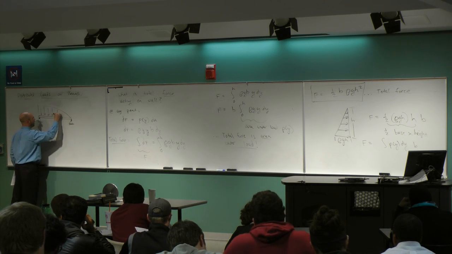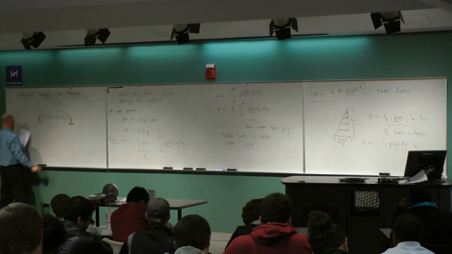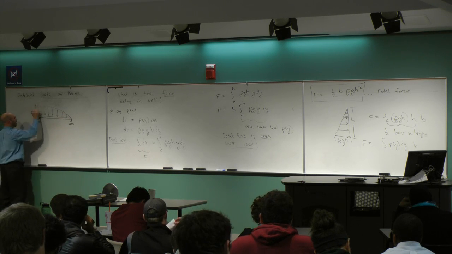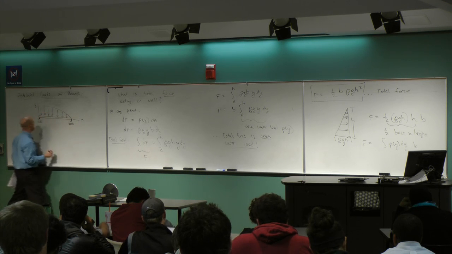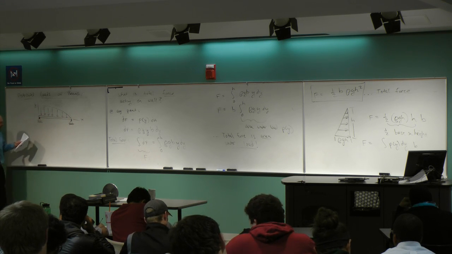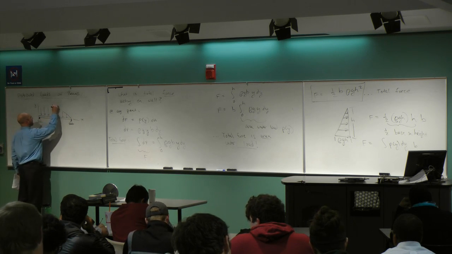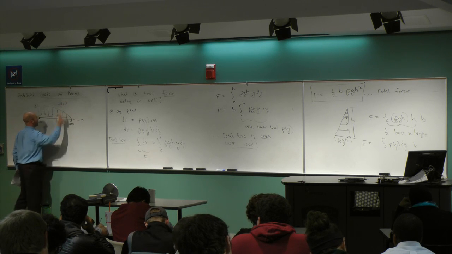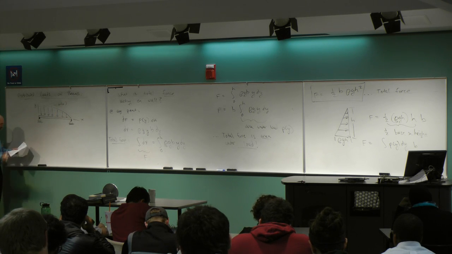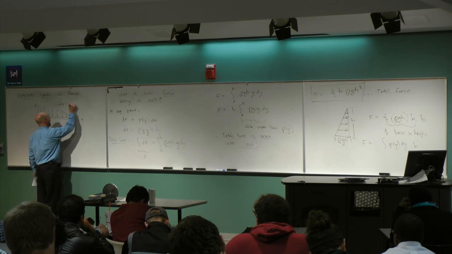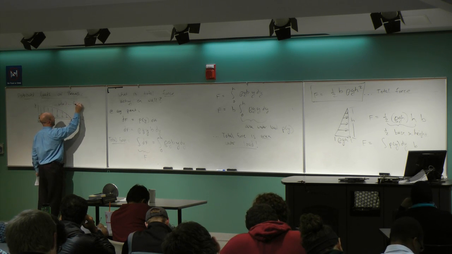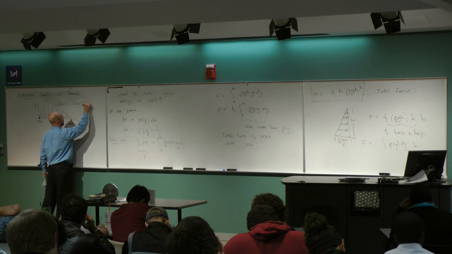So it's a load that is not uniform, right? And this is the y direction, this is the x direction, so the origin is over here at the left end. Okay, and I've got a certain load w of x, just like we talked about in the derivative problems on a beam. And this guy is a force per unit length.